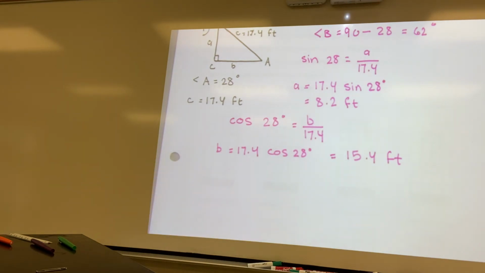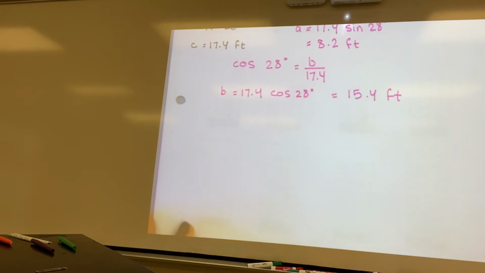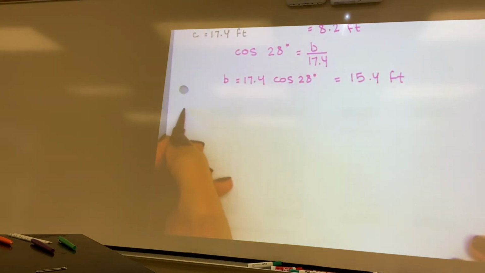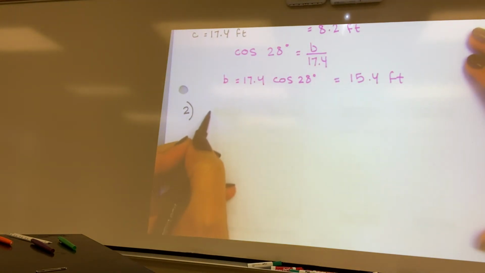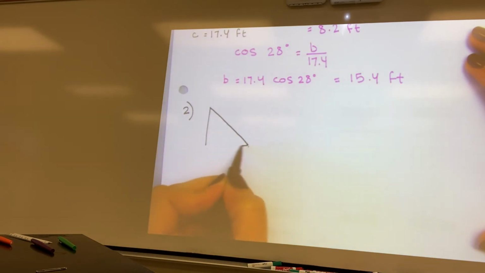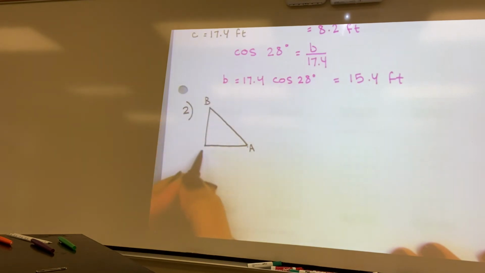My second example is about another right triangle. Here is number 2. Here is my right triangle, A, B, C, and again, measure of angle C is 90.